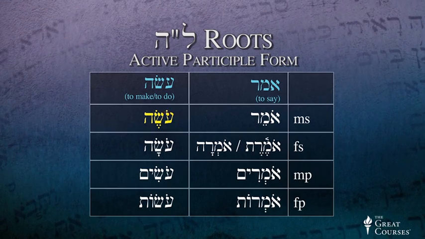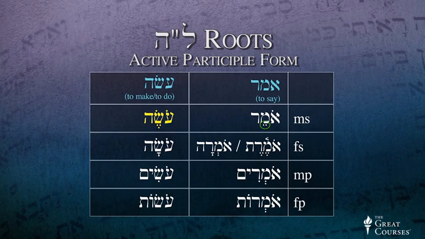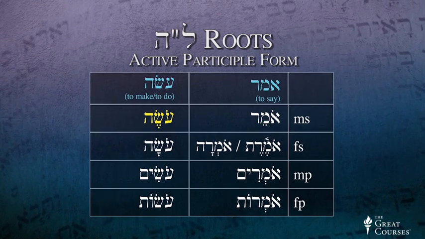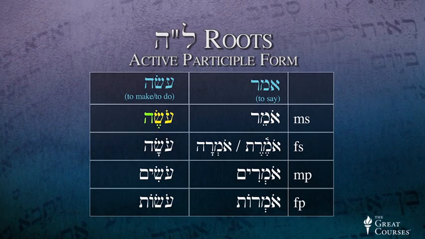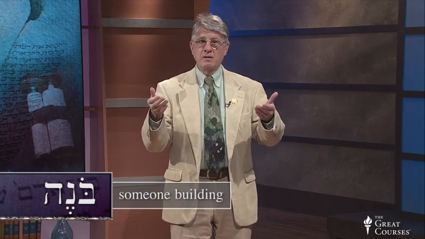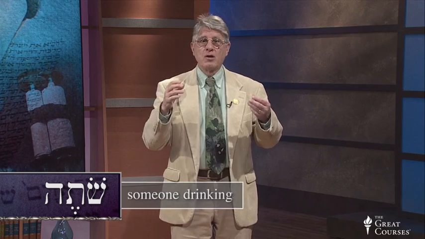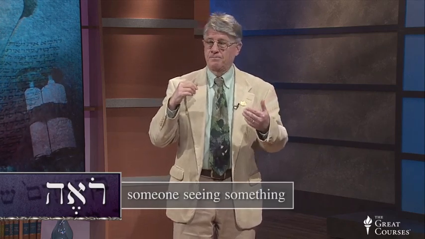But instead of the tsere between the second and third radicals, omer, kotev, after our second radical, we have a segol hey ending, oseh. In just the same way, you could have boneh, someone who is building, shoteh, someone who is drinking, ro'eh, someone who is seeing something.